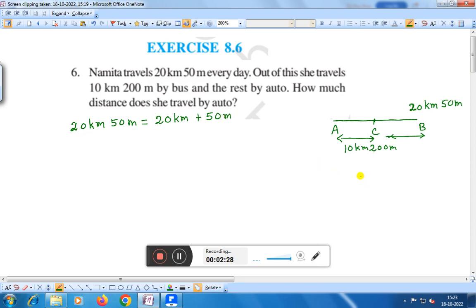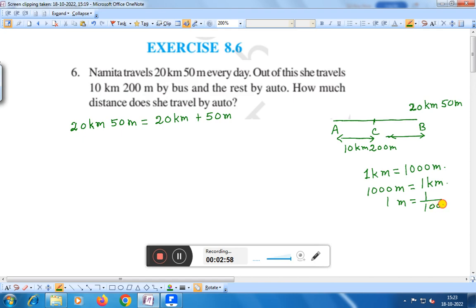We know that 1 kilometer is equal to 1000 meter, or you can say that 1000 meter is equal to 1 kilometer, and 1 meter is equal to 1 by 1000 kilometer.